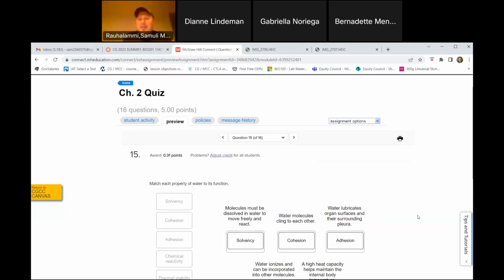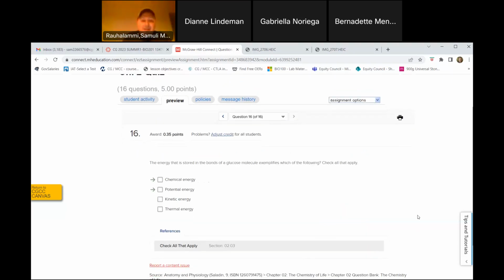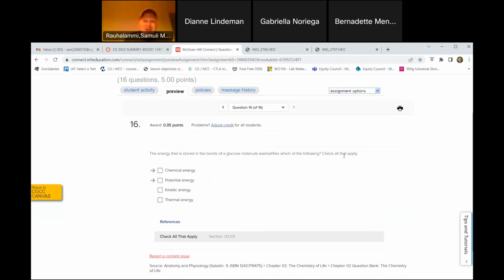And the last question in the chapter 2 quiz, a question that we visited earlier on: energy that is stored in the bonds of a glucose molecule exemplifies which of the following? So glucose molecules are large molecules that store chemical energy that is also potential energy.